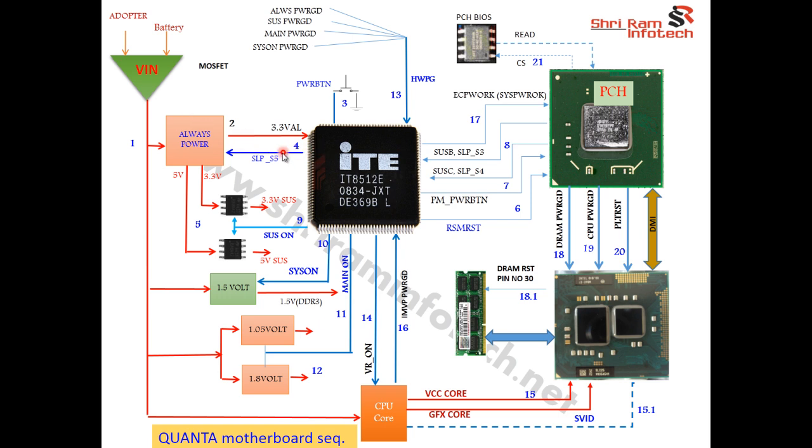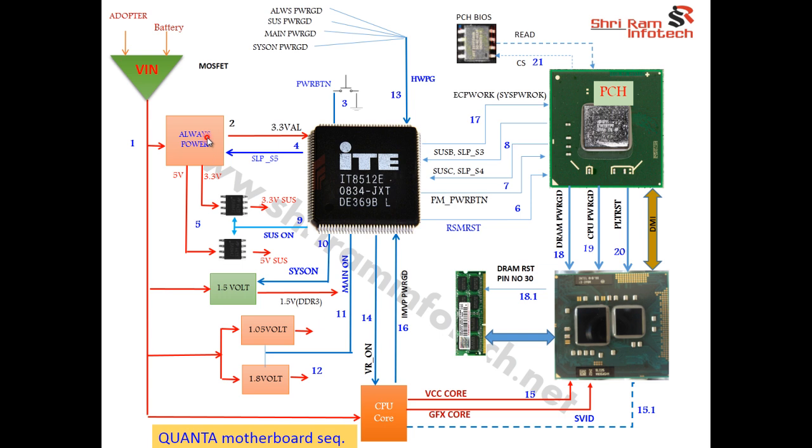Once SIO sends out this SLP S5 signal to the always section, it starts up 2 pulse width modulators, and they generate a 5 volt and 3.3 volt, and this voltage will halt here, and this 3 volt goes to the PCH also. That is my step number 4.